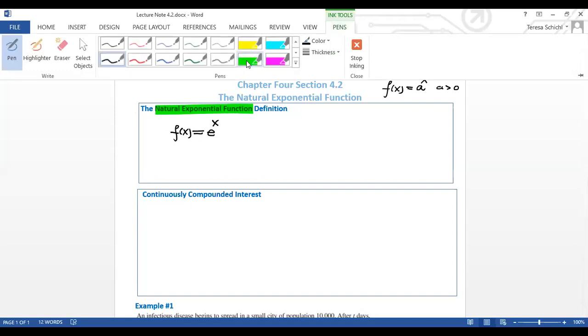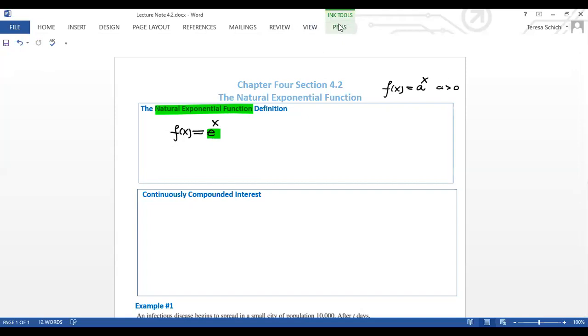So when the base of the exponential function is e, we call this the natural exponential function, because e is a natural number here. In fact, in math, especially in calculus, a lot of the time when they talk about the exponential function, they are referring to the e to the x function, because, like I said, this is the most popular one among all the exponential functions.